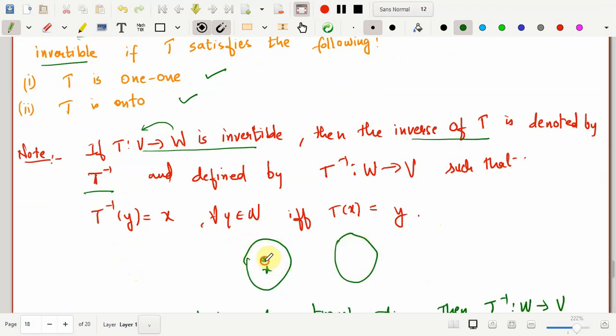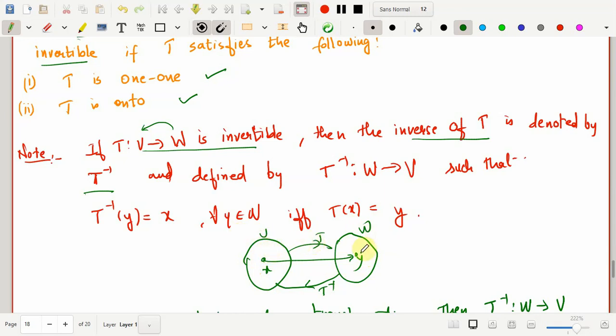Whenever x goes to y through T, what does the inverse do? It takes y to x. Okay, so the inverse is a mapping from W to V, and if x goes to y through T, then y goes to x through T inverse. Basically this is very well defined because T is 1-1 and onto.